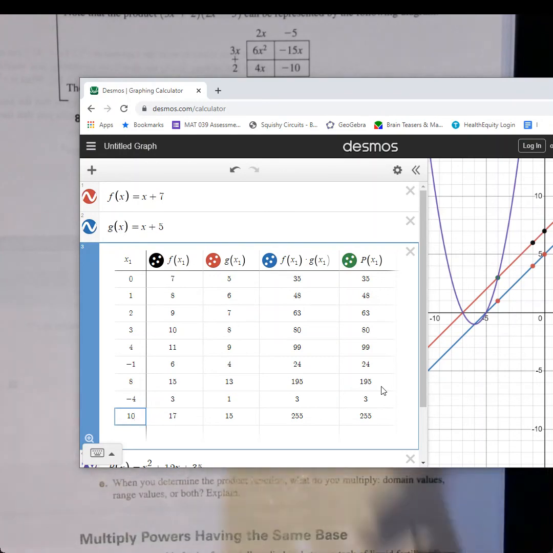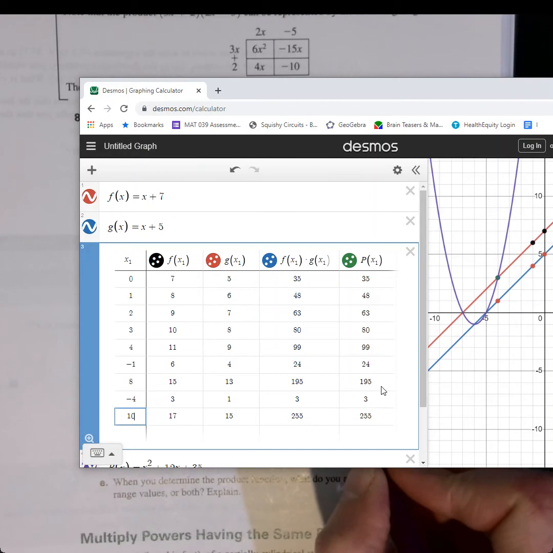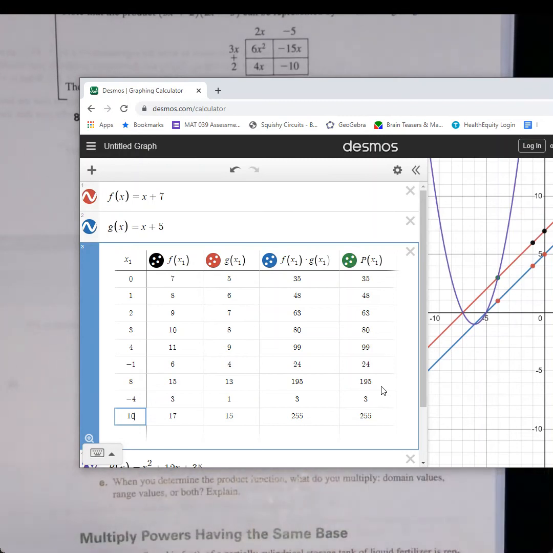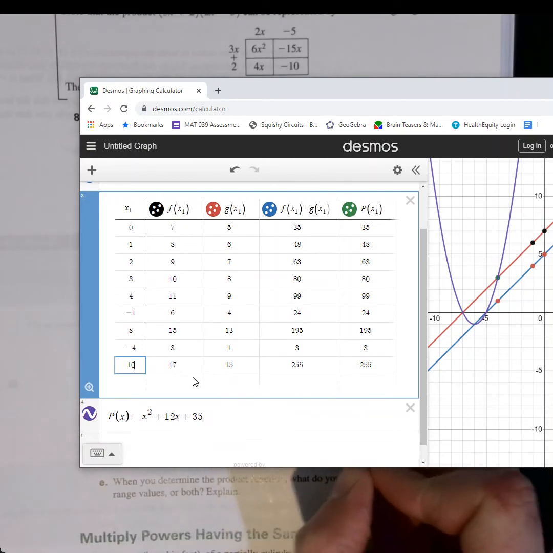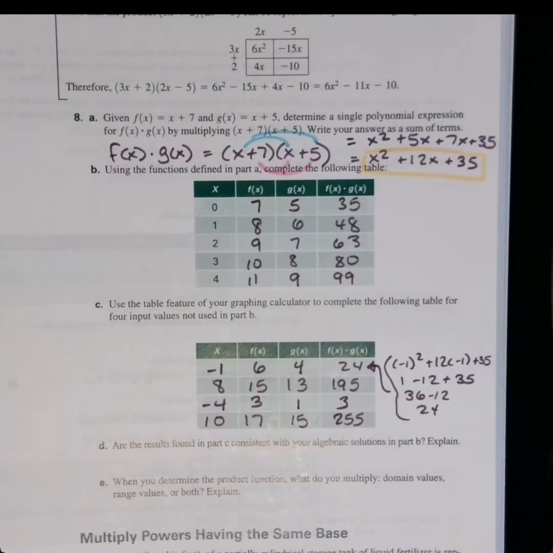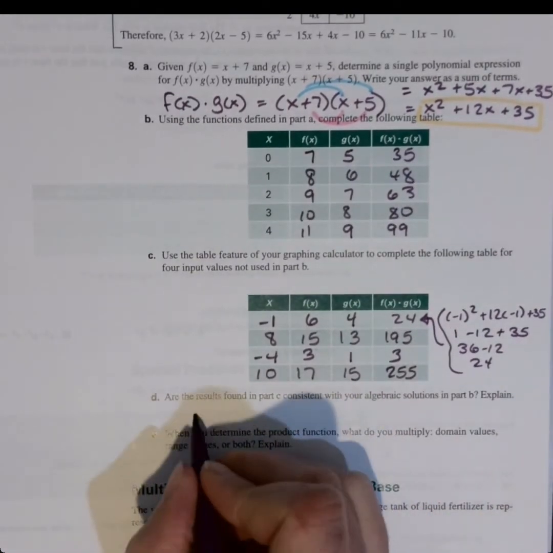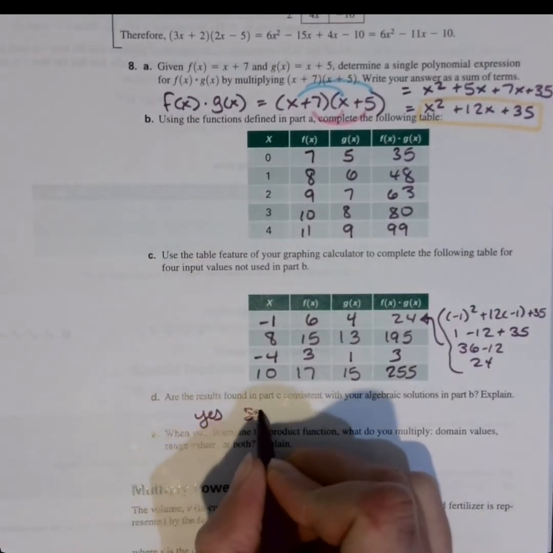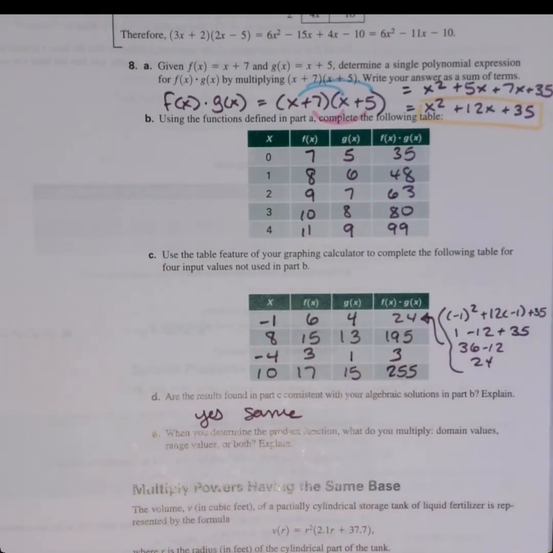So we're going to write in a 195 there. 3 times 1 is 3, and when you plug -4 into your product function, you get 3. 17 times 15 is 255, and when you plug 10 into your product function, you also come out as 255. All right. Are the results consistent? Yes, they're the same. So it helps me check that my product function is correct.